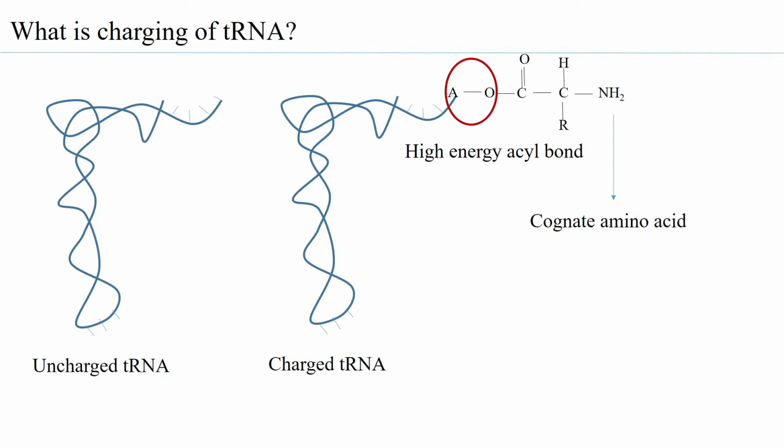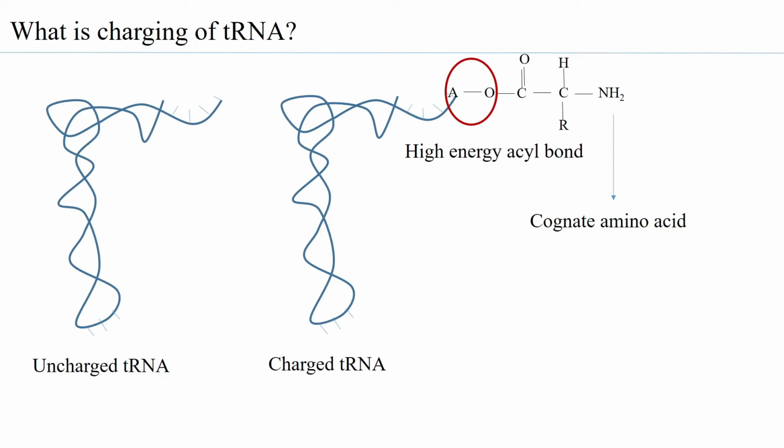Now, every charged tRNA has to be added with a cognate amino acid. What do we mean by a cognate amino acid? Say, for example, the tRNA is seryl-tRNA, which means that it has an anticodon that is going to hybridize with a codon specific for serine, so this tRNA will have to carry a serine amino acid.